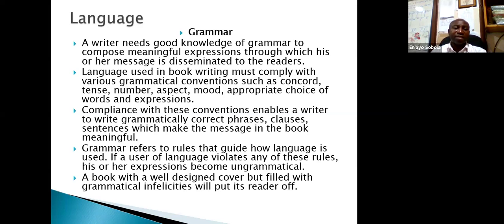You must not be careless with them. If your reader begins to read and realizes that there is a concord issue, a singular subject does not agree with a singular verb, a plural subject does not tally with a plural verb, pronoun and antecedent do not correspond. We are talking about a man, you end up mentioning she. You realize that there will be a lot of issues.